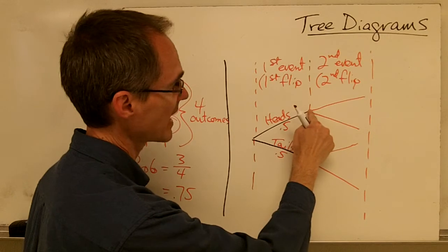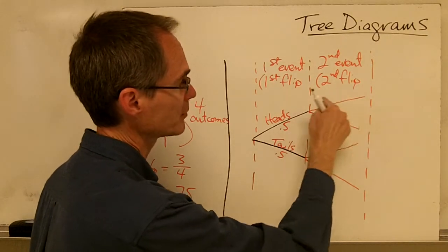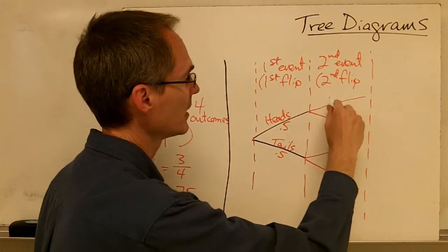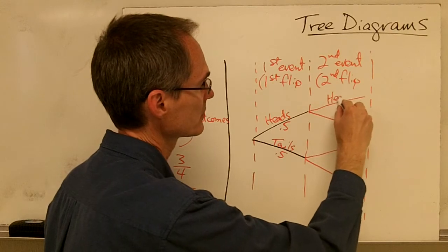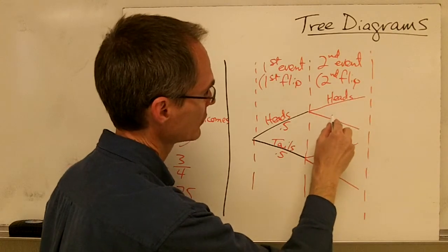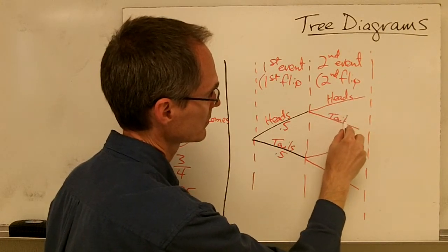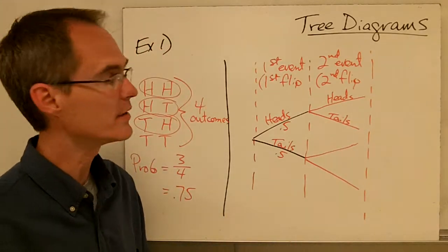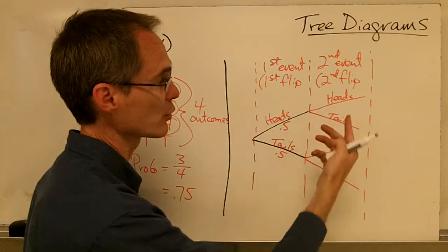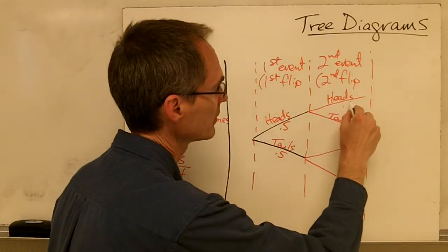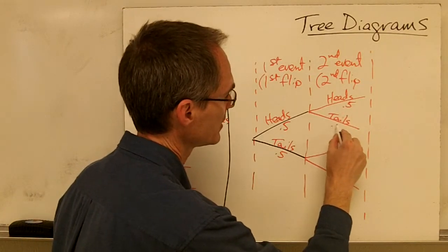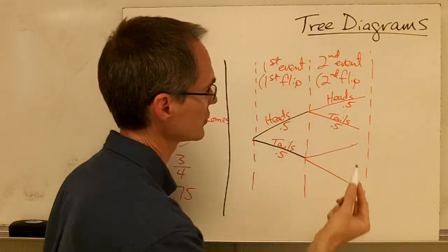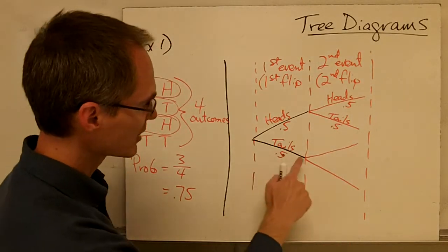Well, when I flip it the second time, again I've got 2 possible outcomes. I could again get heads, or I could get tails. And again, I know the probability of getting heads or tails. It's still going to be 0.5. So I write that probability on each one of my branches. And I'm going to do the same thing down here.